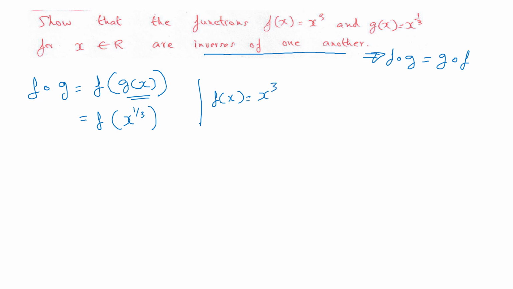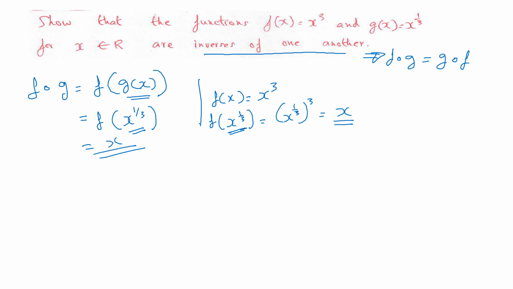So what we have to do now, in place of x we have here x to the power 1 by 3, right? So f of x to the power 1 by 3 means it is x cube. x means, see, this entire thing has to be taken as x now. So x to the power 1 by 3 cube. So this 3 and 3 cancels and you will get it as x. Therefore, this is x.